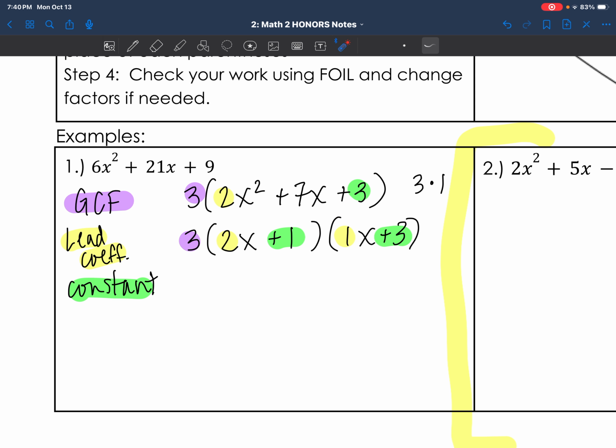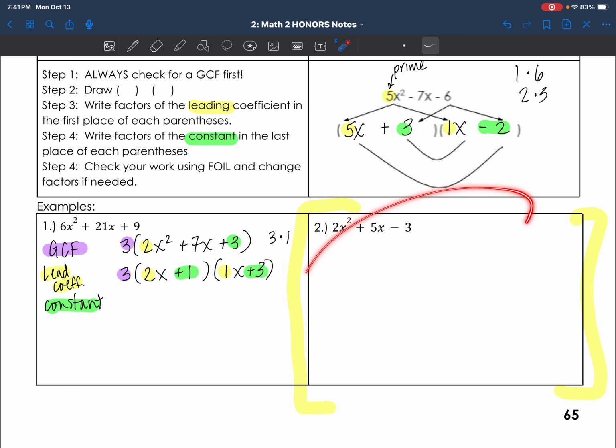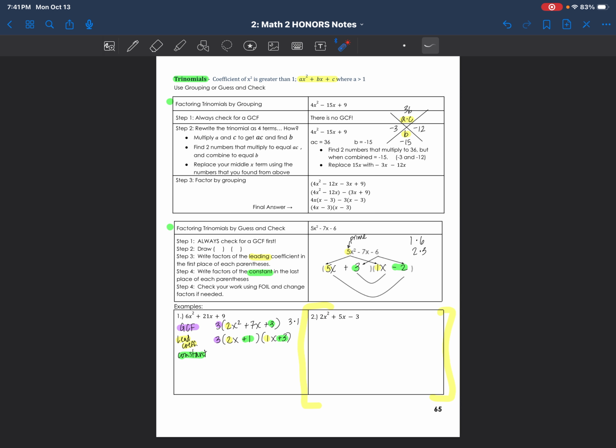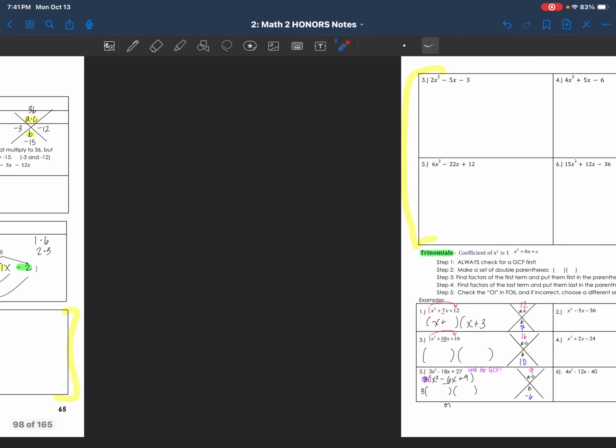You can always double check at the end by doing FOIL, and don't forget to multiply 3 times everything, just to check to see if you got what you started with. All right, now you don't have to use guess and check, but I want you to at least try doing this problem. Guess and check is just taking your factors of the leading coefficient and the constant and then seeing which one works.